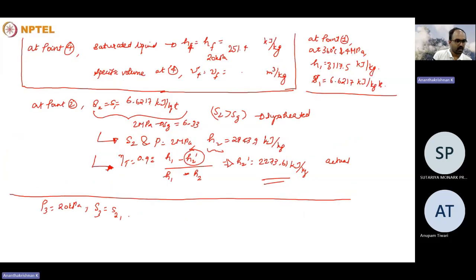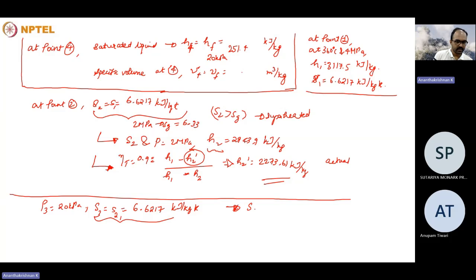So here S3 could be written as S2. So that is the ideal case, 6.6217. Since only a single turbine is said, since there are no two turbines, we can take S3 equal to S2 equal to 6.6217, the same quantity. So once we know the entropy, we can actually determine the dryness fraction at the point 3.